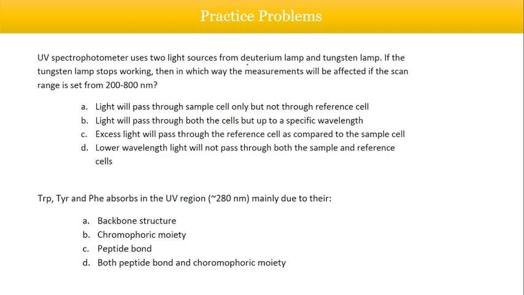So the deuterium lamp can detect in the UV range, which is 160 to 375 nanometer.